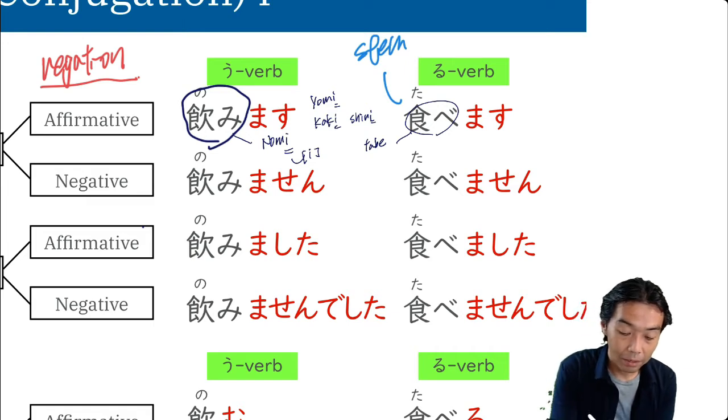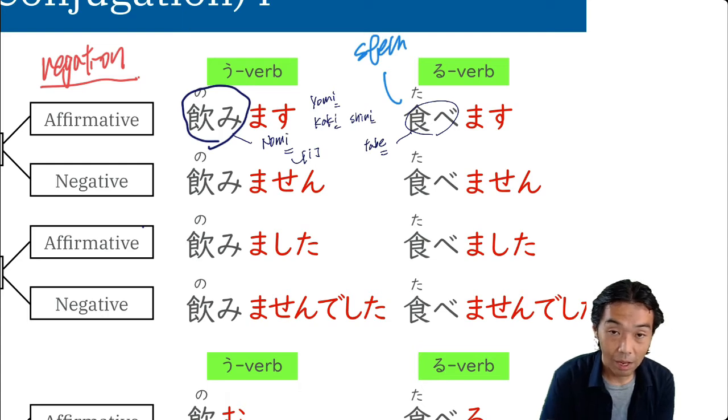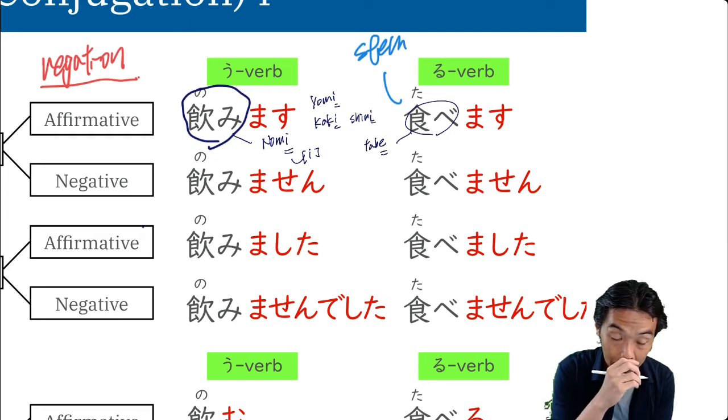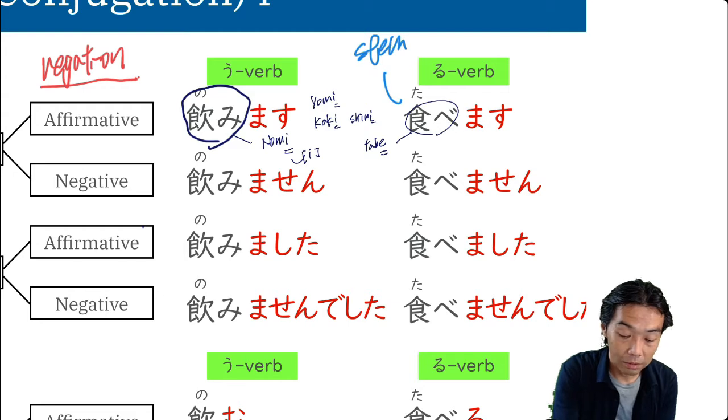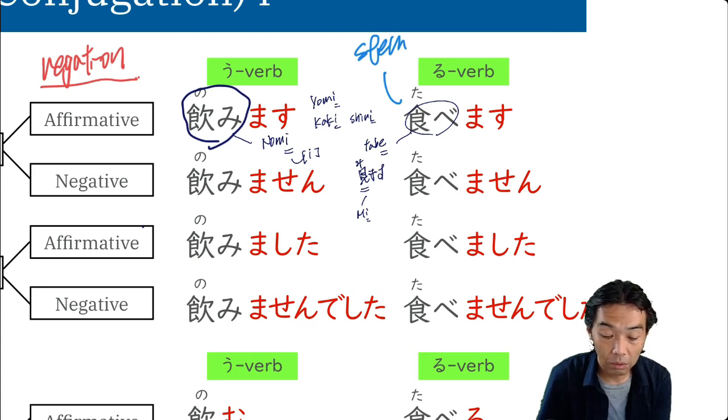Usually the stem of verb ends with I, but not always. There are exceptions. It works almost always, but it doesn't work always. So for example, mimasu, the stem is mi. So it ends with I, but still mimasu is verb.